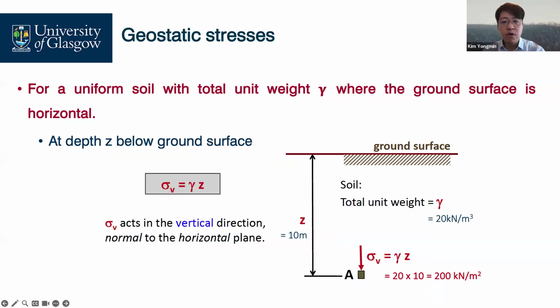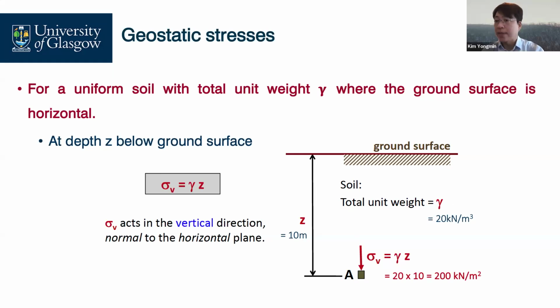Let's consider a uniform soil with total unit weight, where the ground surface is horizontal. At this point, our vertical total stress is gamma times depth. Total unit weight means we don't know the soil's moisture condition.